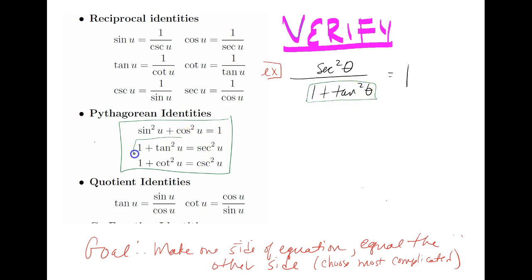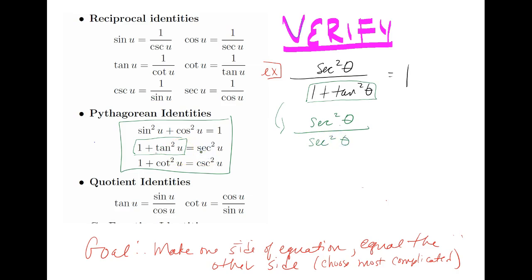And what does this identity say that this is equal to? Well, it's equal to secant squared. So right off the bat, when I recopy, I'm going to just recopy the numerator, secant squared, and on the bottom, I'm going to plug in this identity, which is a secant squared.